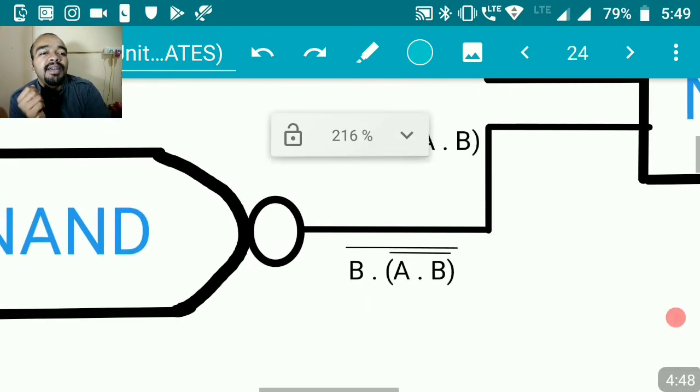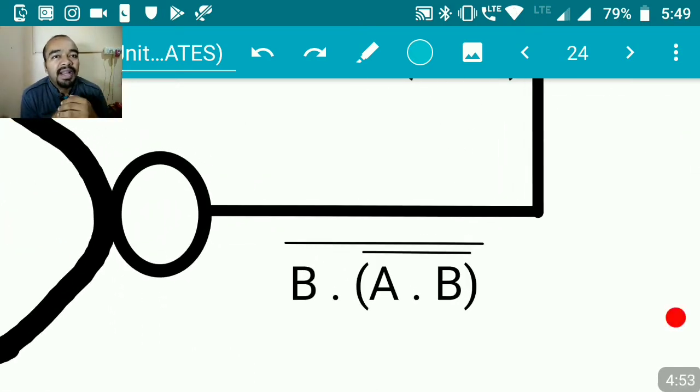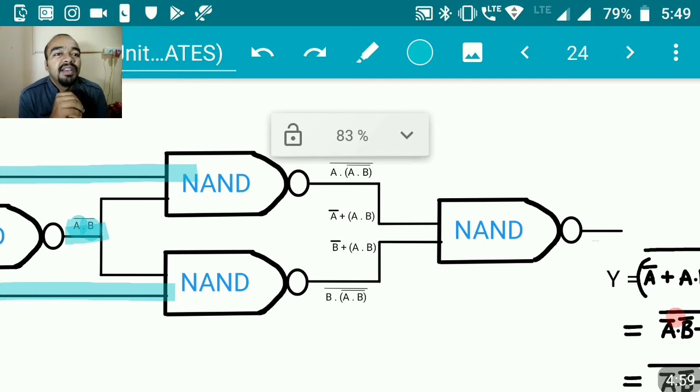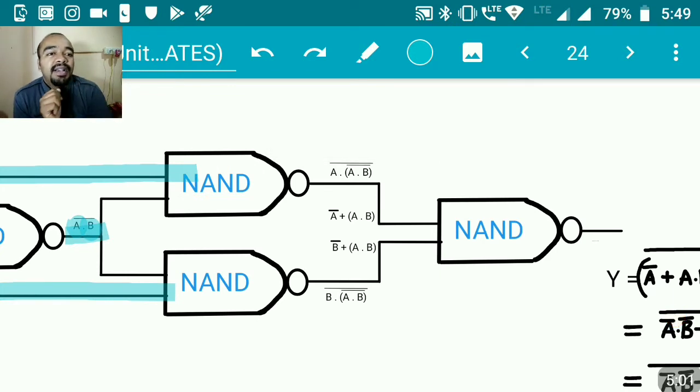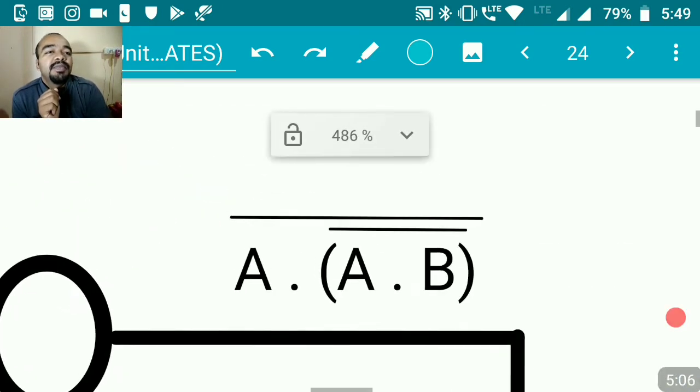Similarly, we get (B and (A and B) whole bar) whole bar as the equation at NAND gate number 3 in this diagram. Next, let me just consider any one equation, this equation itself.